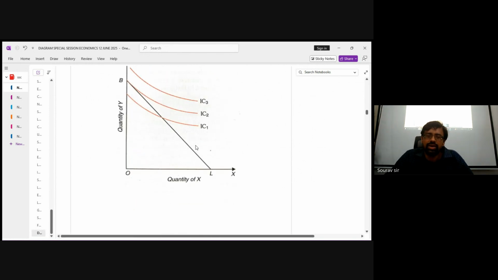Now another IC is there. This is of what IC? This is called a corner solution.